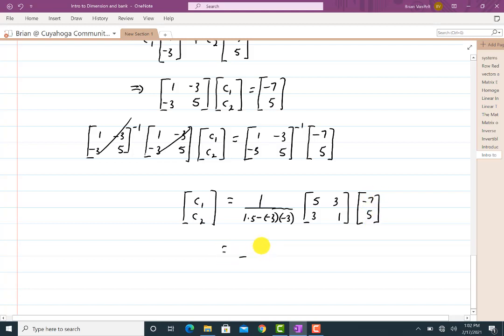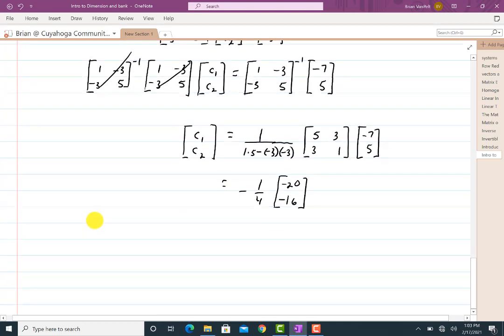So once again, we have -1/4 times, and I'm going to use my row column rule here. I'm going to match (5, 3) with the (-7, 5). So 5 times -7 is -35 plus 15 is -20. And then 3 times -7 is -21 plus 5 is -16.